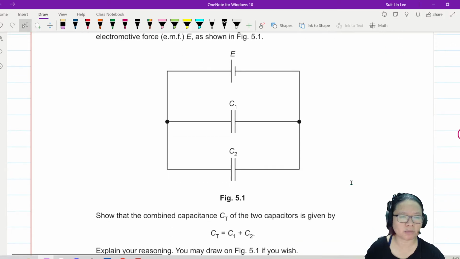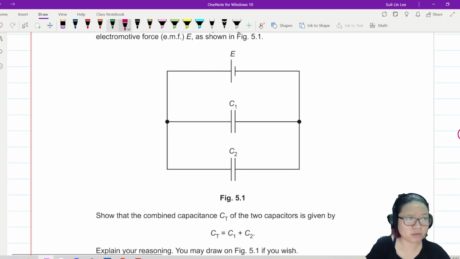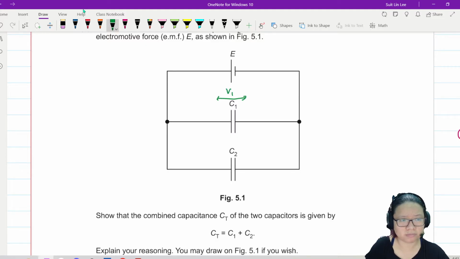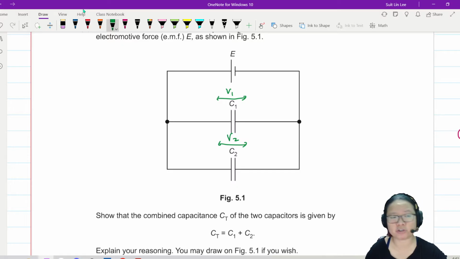The first thing I want to think about is they are parallel. So obviously the potential difference here is the same as the potential difference here. So potential difference across C1 will be the same as the potential difference across C2. Would I feel safer if I write it down in the sentence? Yeah. Okay. And they're also parallel to the battery. So I'm going to just equate these two.